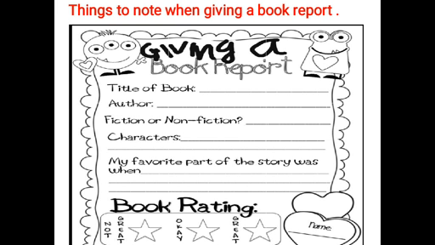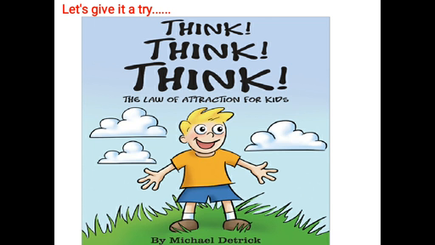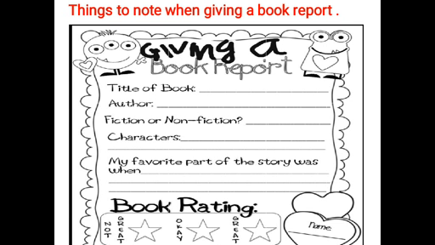And then you rate the book. I love the book because it is interesting, or the book is great because it teaches us to be good. You might want to just outline why. Rate the book. Is it great? Is it just okay? Or is it bad? Yes, sometimes you might read a book that you might not like.